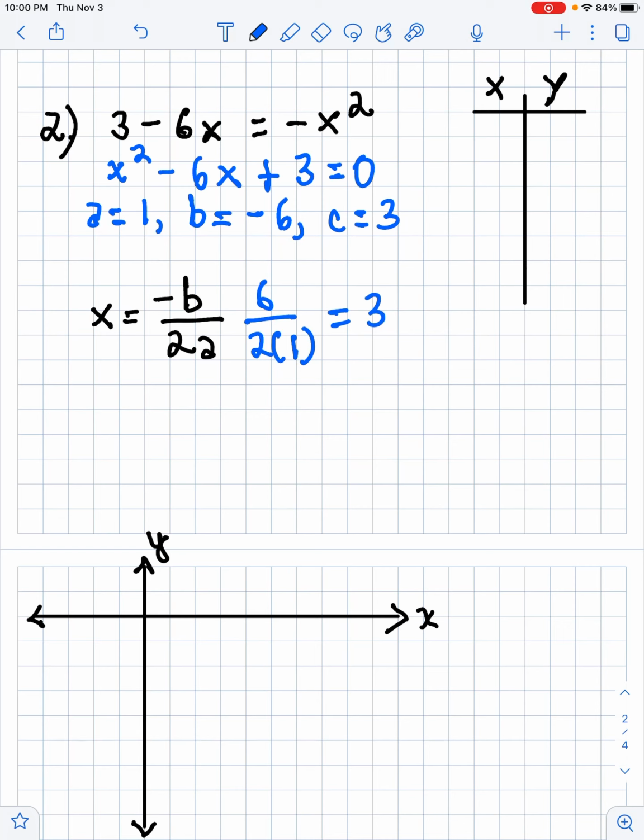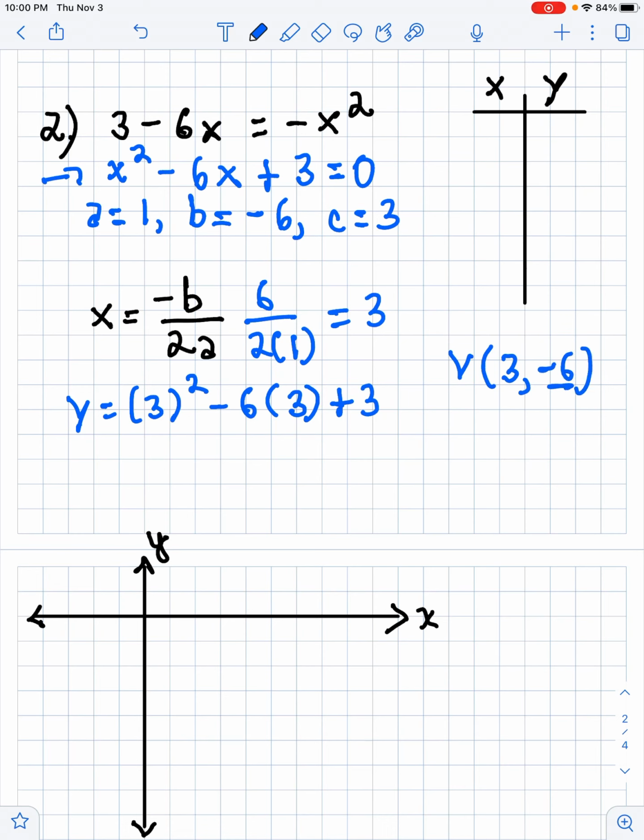And then if we plug into our standard form, y would equal 3 squared, or 9, minus 6 times 3, which would be 9 minus 18. That's -9. And -9 plus 3 would be -6. So our vertex is at positive 3, and then we said -6.